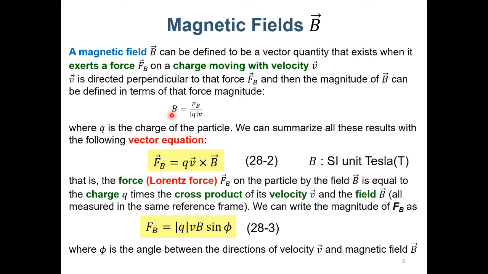It's somewhat like how we define the E field, but the difference is that we also define the velocity of the charged particle here, because it is related to the magnetic field.